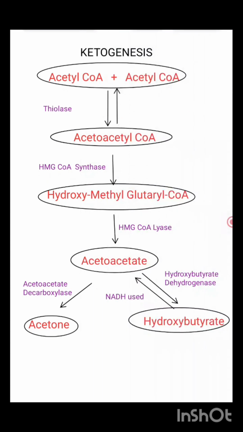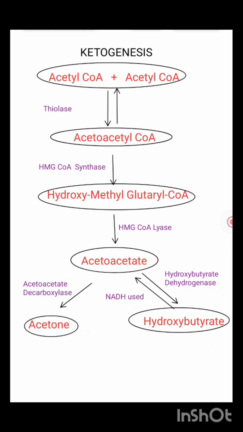Now, let us quickly look at the steps of ketogenesis, or the production of ketone bodies. Like I said, this is happening because there is excessive beta oxidation in the liver cells. And what is beta oxidation producing? Acetyl-CoA. And these are our starting molecules, the acetyl-CoA molecules that are being produced from beta oxidation.